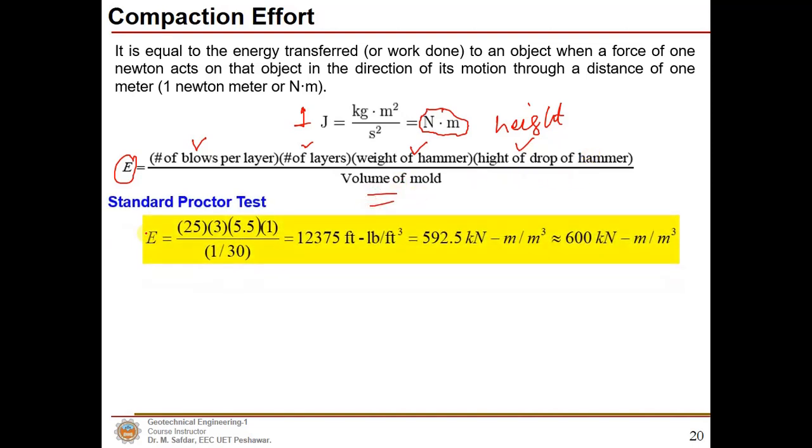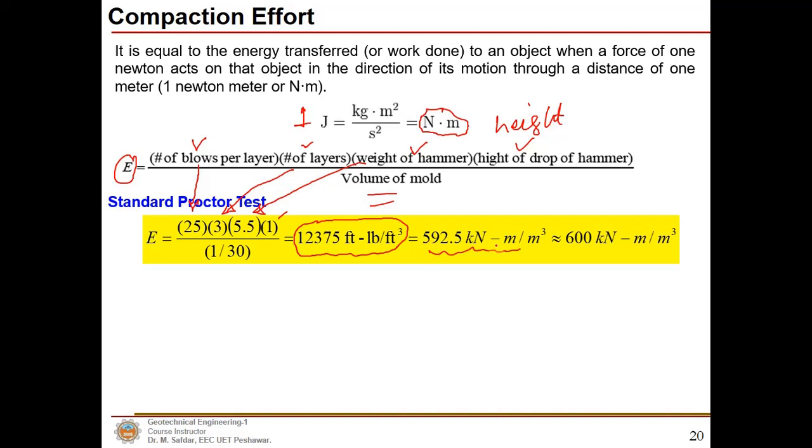So for the standard Proctor test, the energy transferred to the soil in that particular mold: number of blows per layer is 25, number of layers 3, weight of hammer 5.5 pounds, height of drop 12 inches or 1 foot, and 1/30th of a cubic foot is the volume of the mold. So the total energy transferred to the soil would be 12,375 foot-pound per cubic foot.